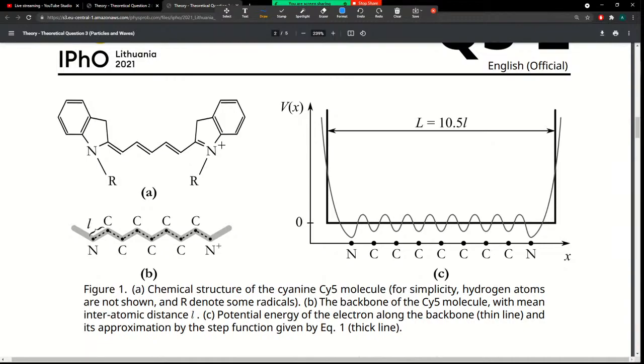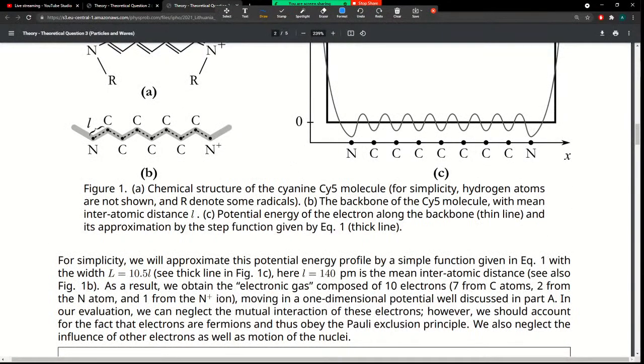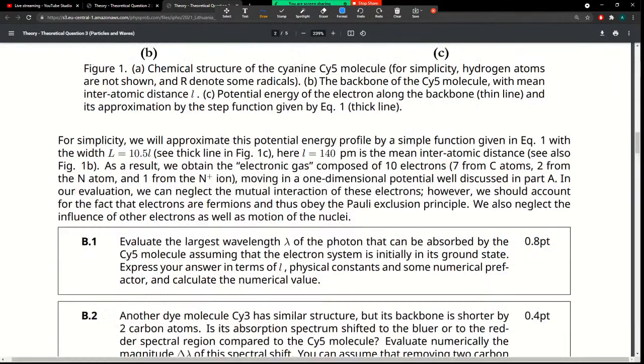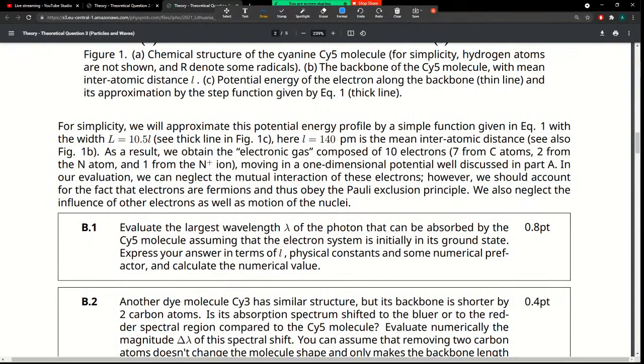As a result, we obtained the electronic gas composed of 10 electrons, 7 from the C atoms, 2 from the N atoms, and 1 from the N plus ion.